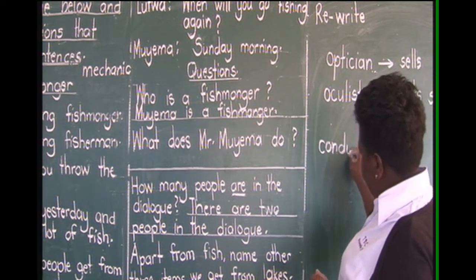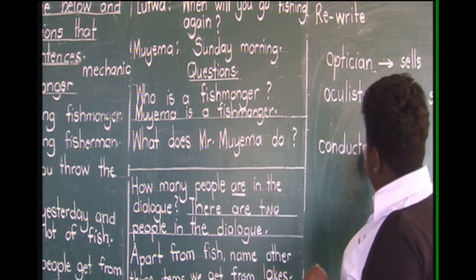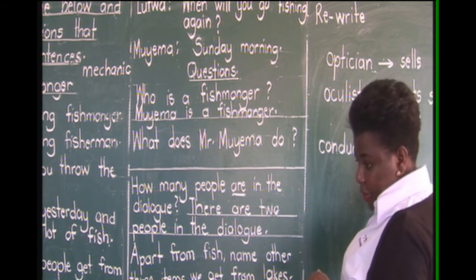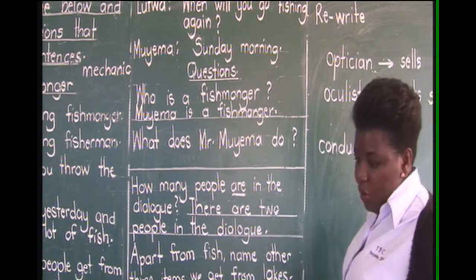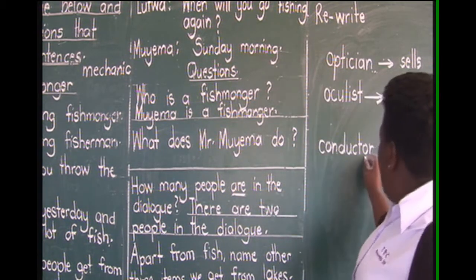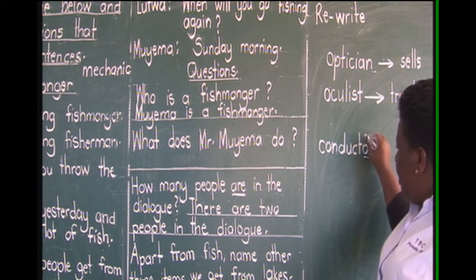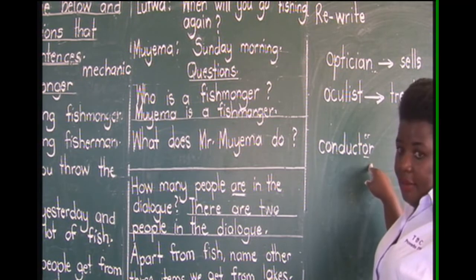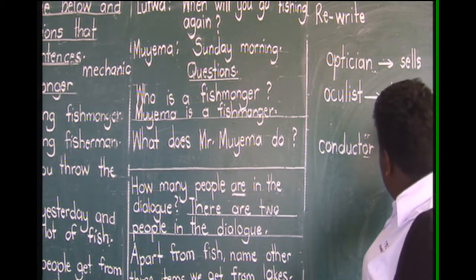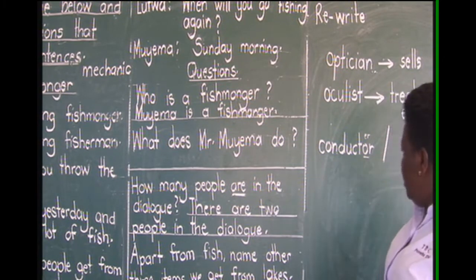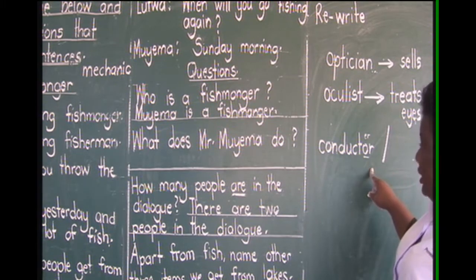Conductor. I hear Nigerians saying conductor because of this OR. I don't want to find it ER. It is OR. The word is conductor. These days we even have female people that collect money in a taxi.